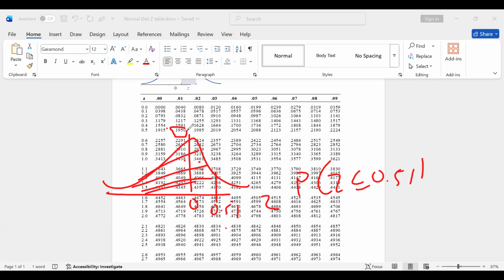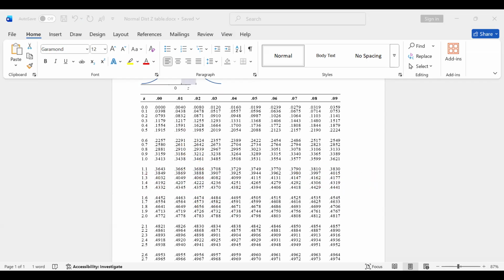If you follow the trajectory, and I'll show you the trajectory if you still didn't get it, tell me the answer first. 0.695. That is the percentage.